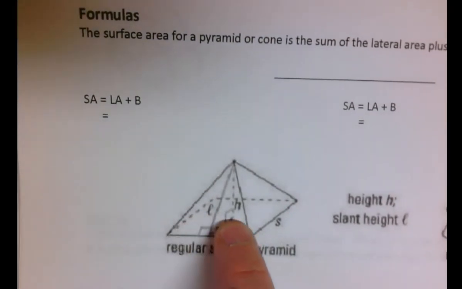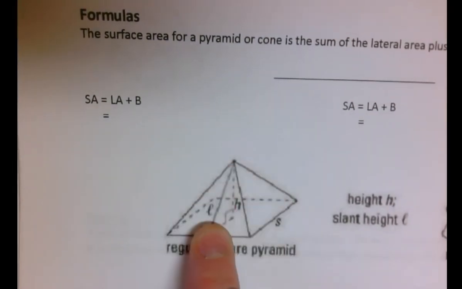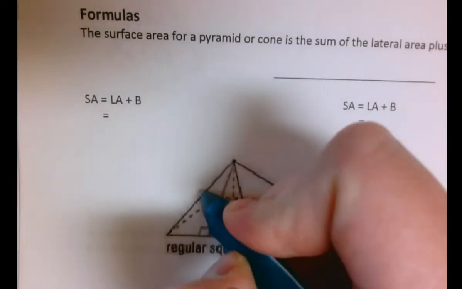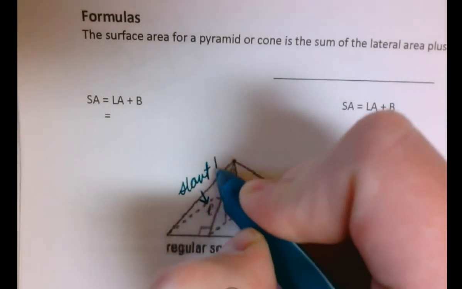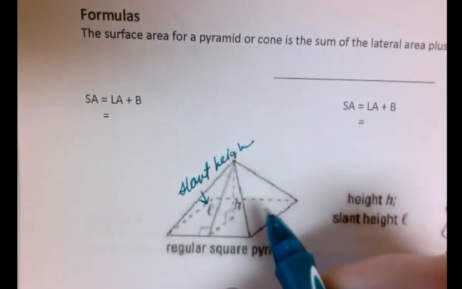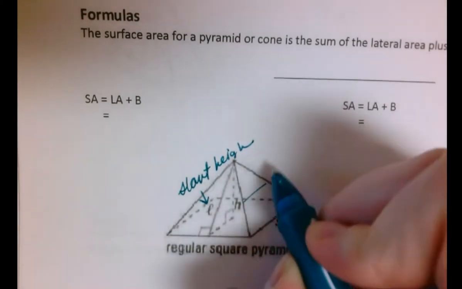So you have 4 triangles. The area of a triangle is base times height divided by 2. In this case, you have what is called a slant height. So L is your slant height. H is the height of the pyramid.